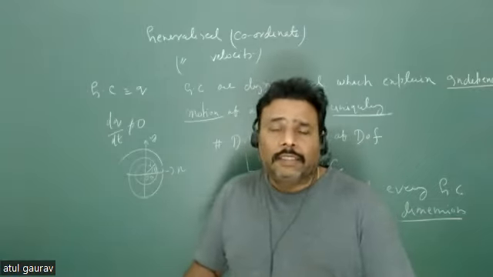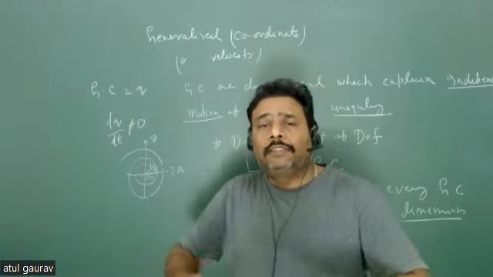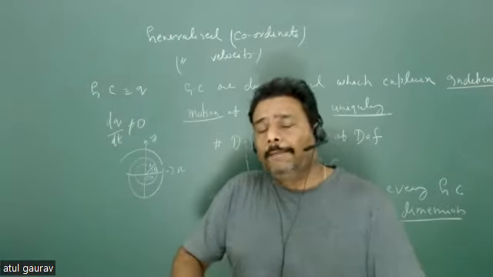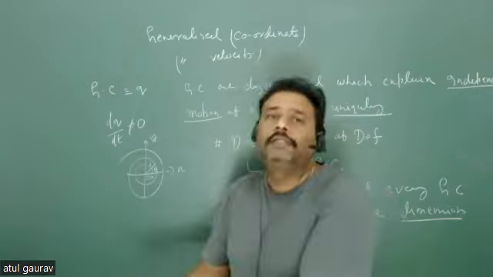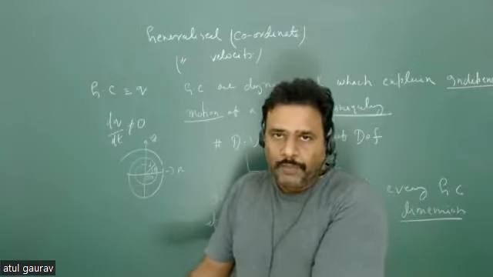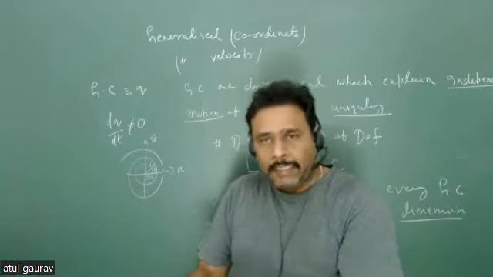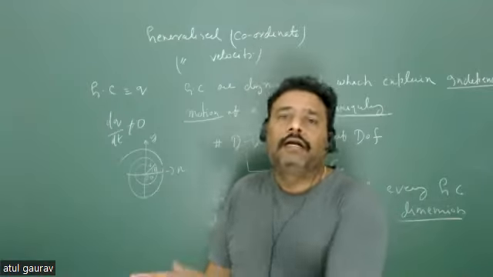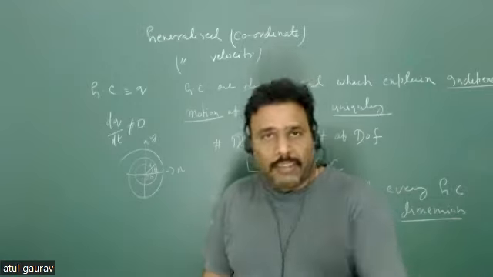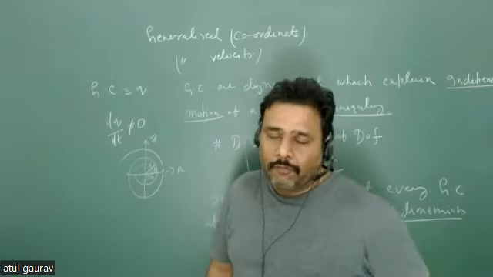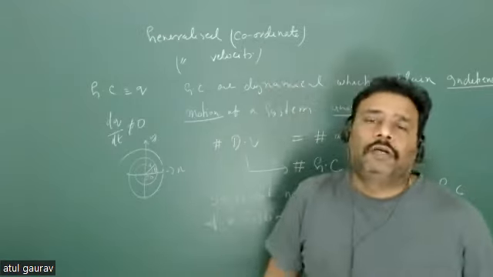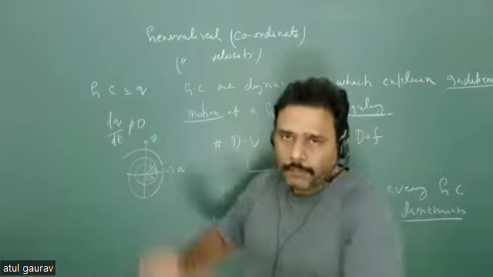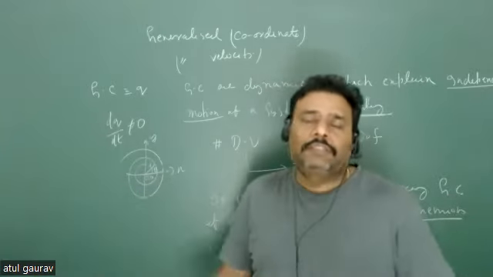You can also think that your generalized coordinate is not associated with basically only one coordinate system. It may be possible that in your system, one generalized coordinate is associated with the Cartesian one, and another generalized coordinate is associated with the polar. We can have this kind of situation.